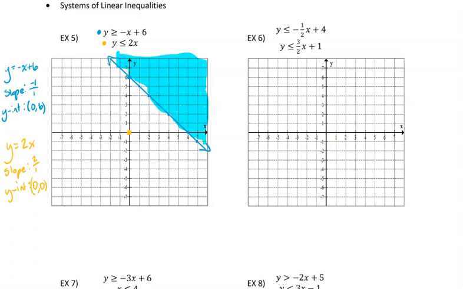So we start right at the origin, and then we're going to go up 2 over 1, and again, solid line because it's less than or equal to, so let's go ahead and draw that. And then this one is less than or equal to, so it's going to be shading below that line. So below that line is going to be down here. So we're going to shade everything that's below that line.